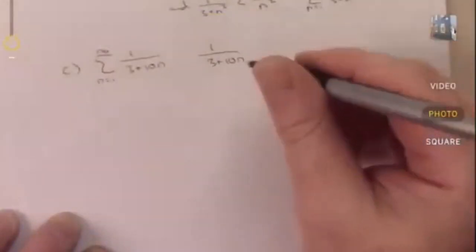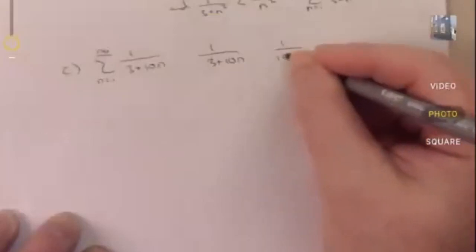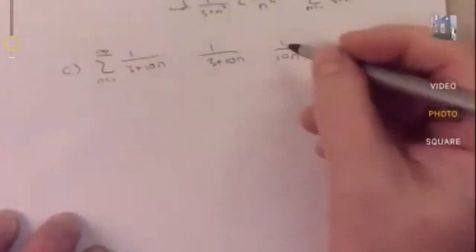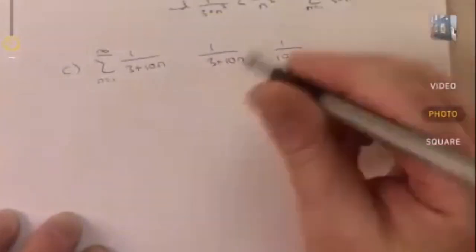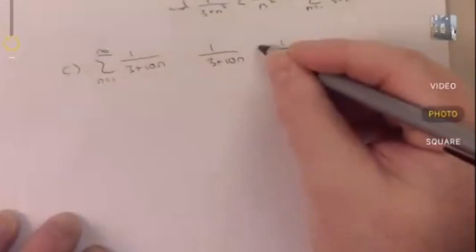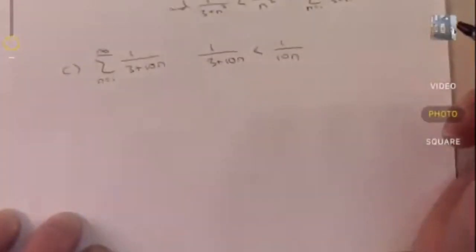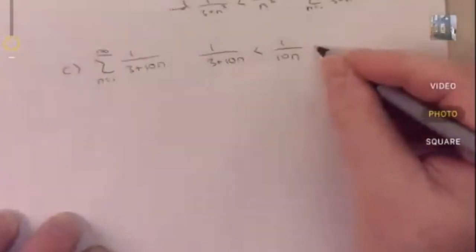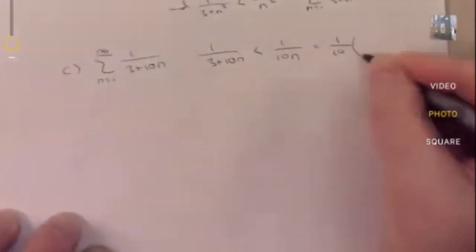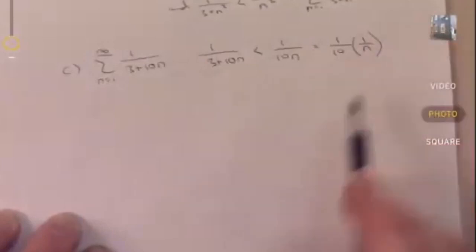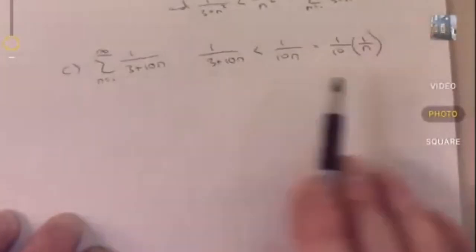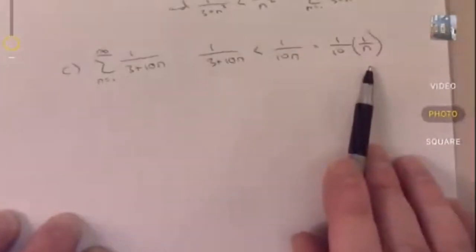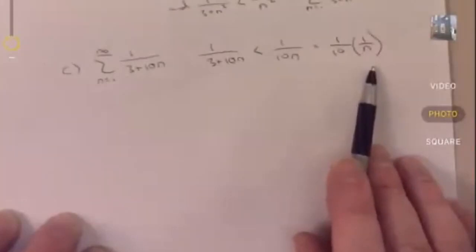My denominators are larger than the denominators 1 over 10n. And so large denominators make for small fractions, right? So I have this relationship going on. And of course, 1 over 10n is just 1/10 of 1 over n. So on the surface, it looks like we could compare this series to the harmonic series, or 1/10 of the harmonic series. Of course, 1/10 of a divergent series is still going to be divergent.